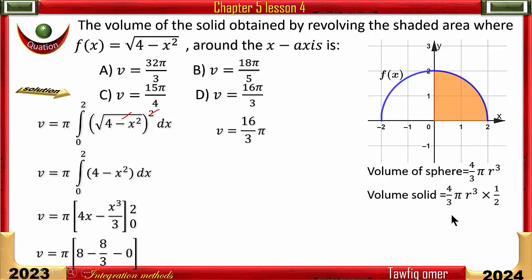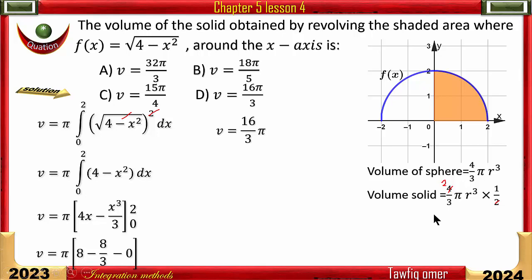It becomes volume of solid is equal 4 over 3 pi r cubed multiplying by half or dividing by 2. Cancelling 2 with this 4, it remains 2.